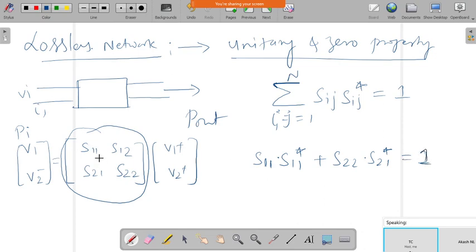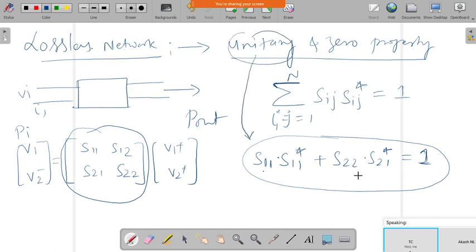You can apply this to any row or any column with its complex conjugate, for example S11 and S21 with their complex conjugates, or S11 complex conjugate plus S22 complex conjugate. The result should always be equal to 1 if the network satisfies the unitary property.